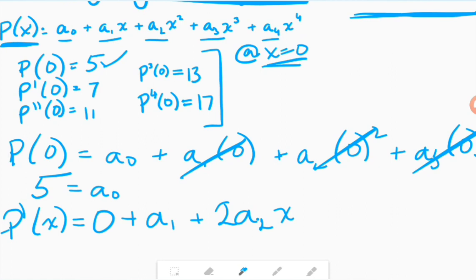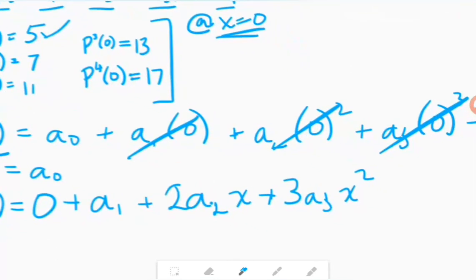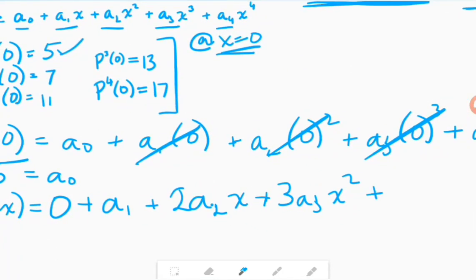That's going to be the derivative of that. And then the next term is going to be 3 times a sub 3 times x squared. And then we have 4 times a sub 4 times x cubed. Oh, did I say x cubed over there? I meant x squared.